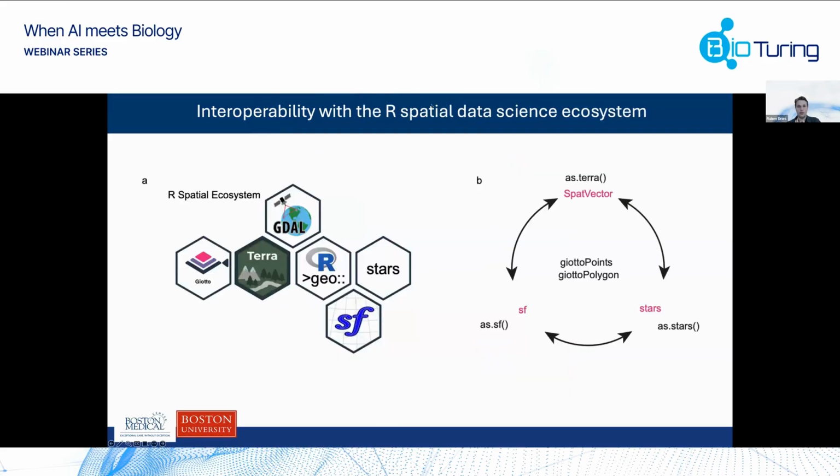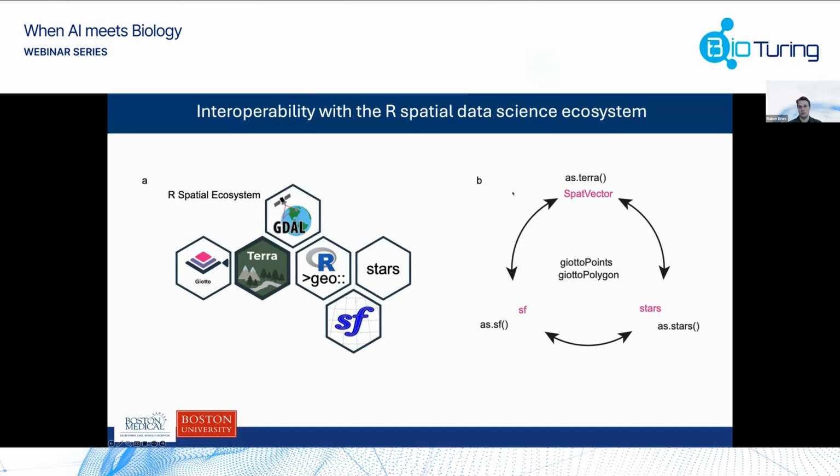What I'm even more excited about is how we have connected Giotto into the very large spatial ecosystem that has been around for decades. So rather than reinventing the wheel every single time, we were thinking, how can we make sure that Giotto points, Giotto polygons, and some of these sub-objects can immediately use the methods, functions, and classes that are available, for example, in terra, stars, and sf, everything that has been around in the space of geology and astrology for decades.